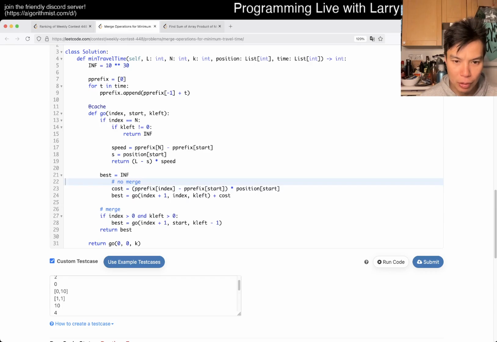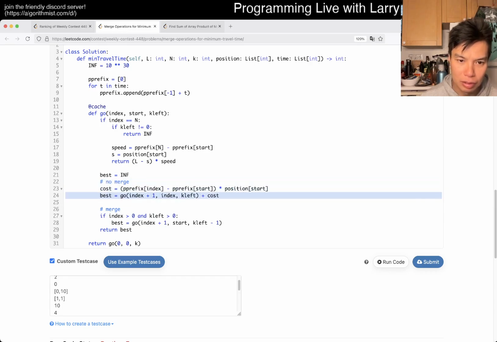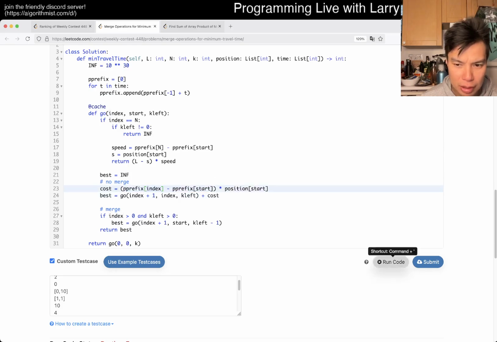So you always no merge on the first one. So then now this, yeah, we go to the first index, start at 0, k left, the cost, this would be 0 anyway, right? Yeah, this should be 0, right? So that's fine.